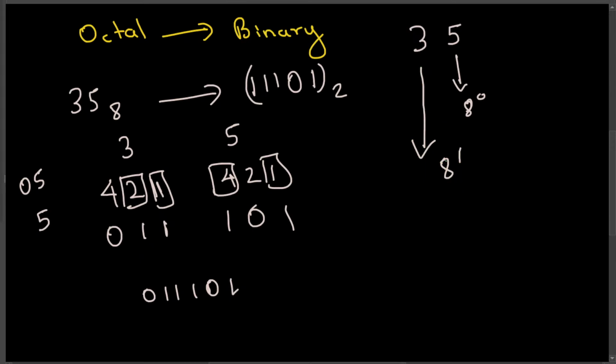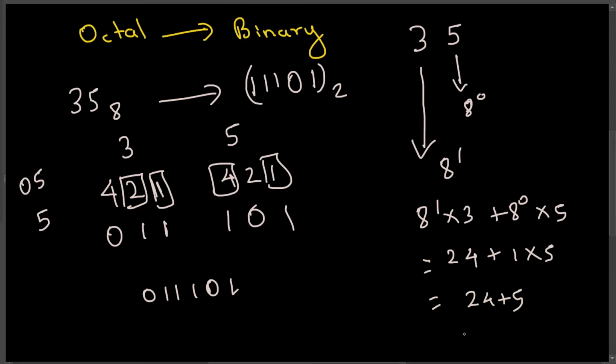After that, we multiply by the weight. 8 power 1 times 3, and then plus 8 power 0 times 5. 8 times 3 is 24, plus 8 power 0 is 1, 1 times 5 gives me 5. So this is going to be 24 plus 5, which is equal to 29. So this is base 10.